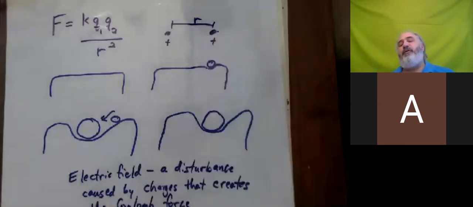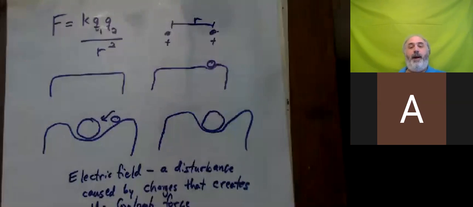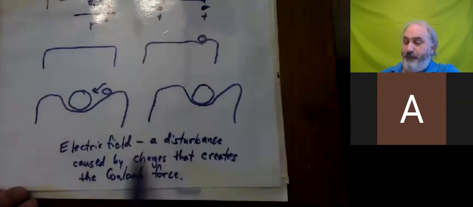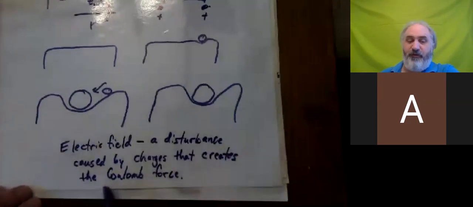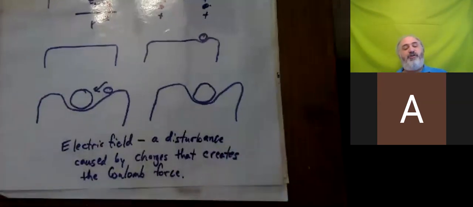The way that we're going to resolve that question is we're going to suggest the existence of something called an electric field, right? The electric field is a disturbance that's caused by charges that creates the Coulomb force.